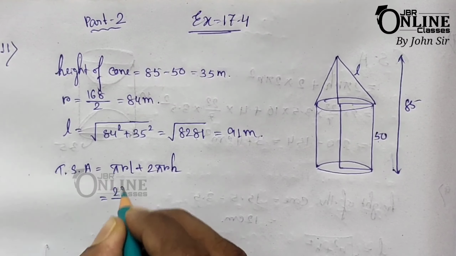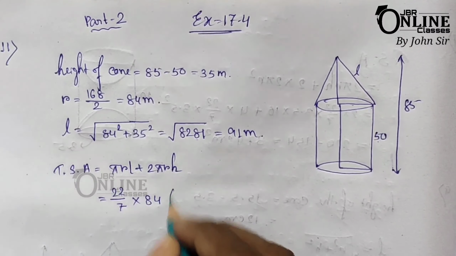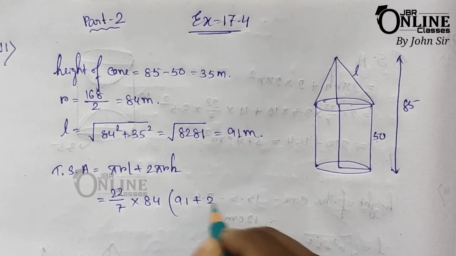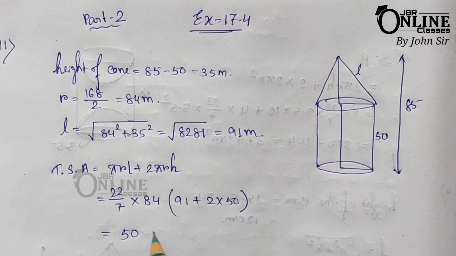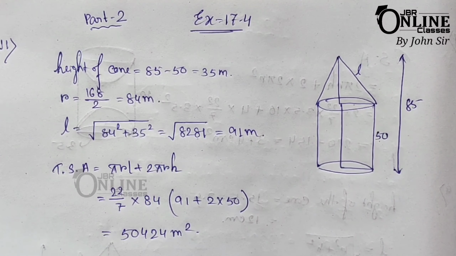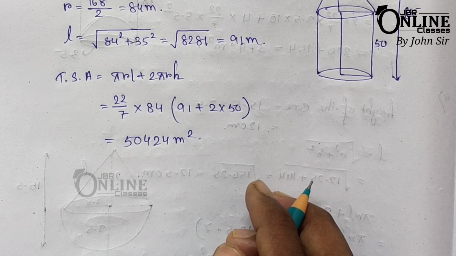So here 22 by 7, and r equals 84, it's common. Here l equals 91, here 2 into 50. So from that you will get 50424 meter square.